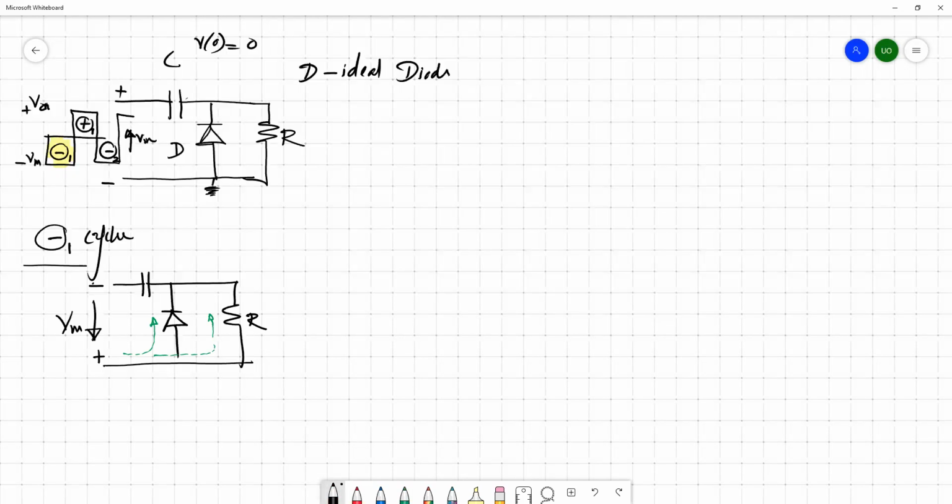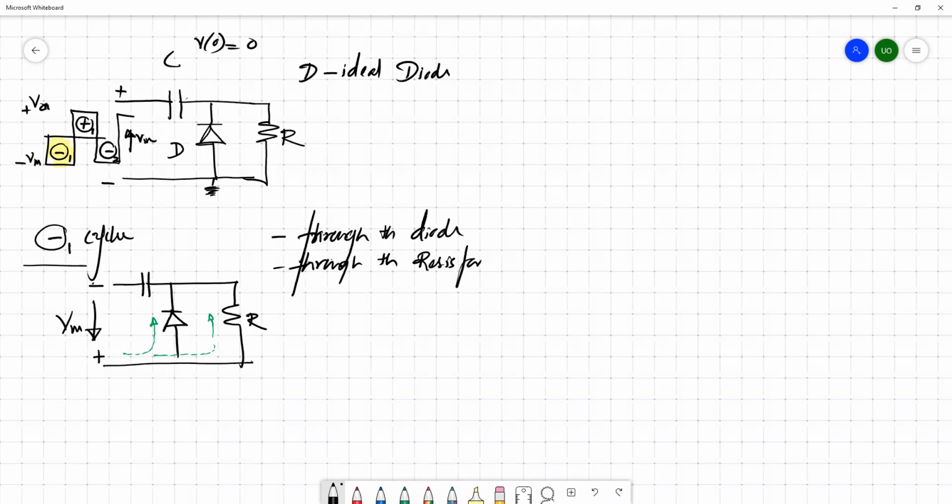So we have two paths: one through the diode, the other through the resistor. Let's assume it is through the diode.